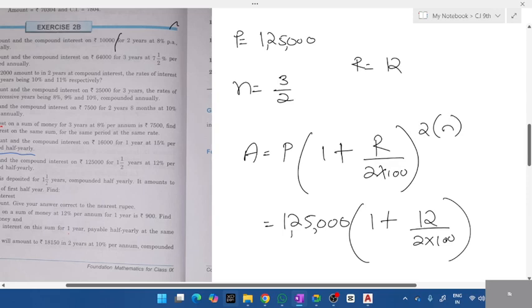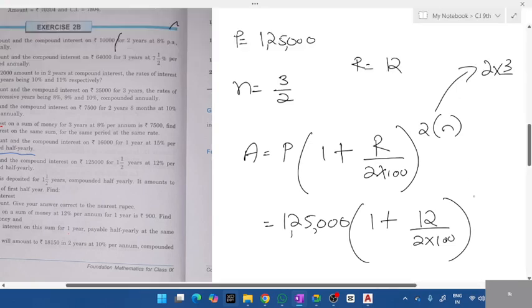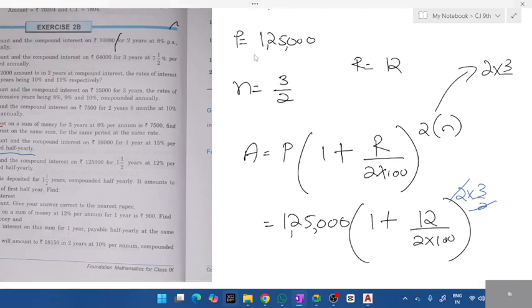Calculate 2 into n separately. No, no, wrong. On what basis did you say 24? What is n value? You can write separately: 2 into 3 by 2, the 2s get cancelled. What is left? 3 is left.